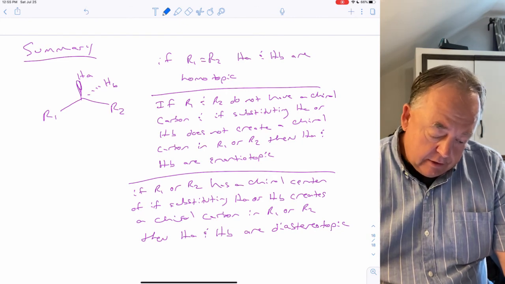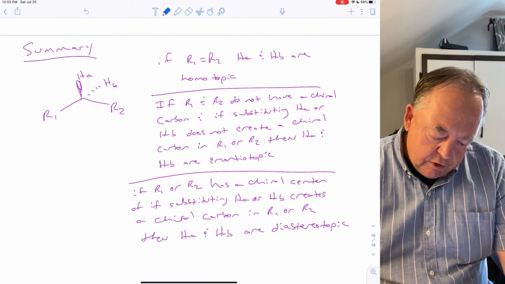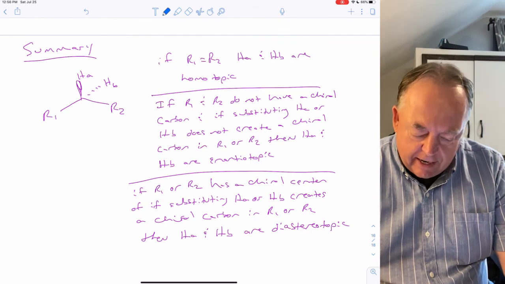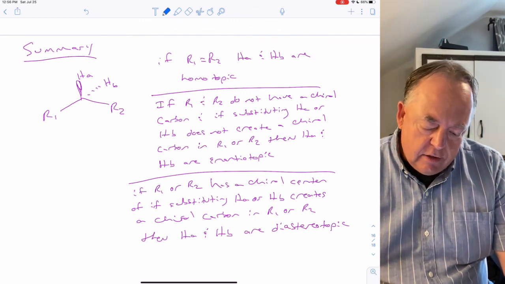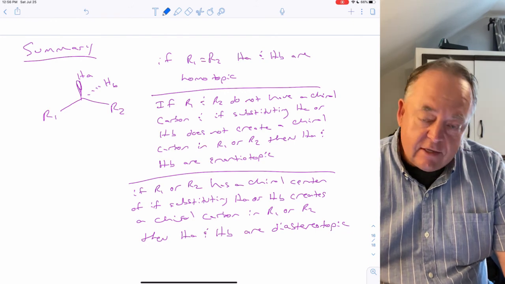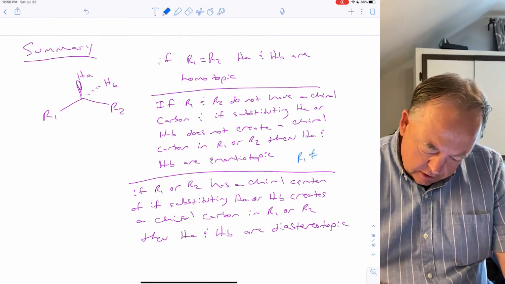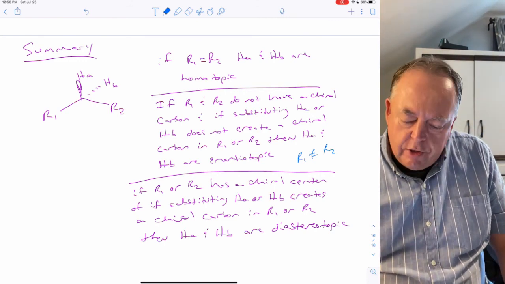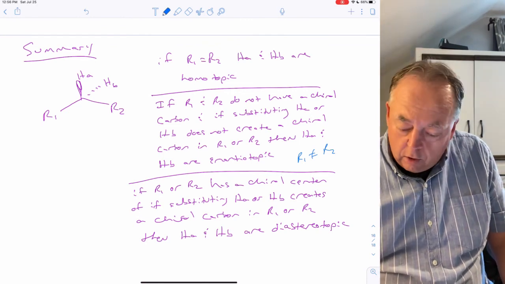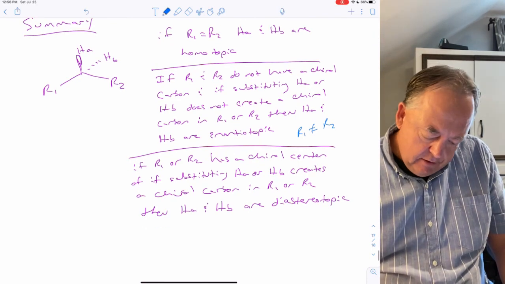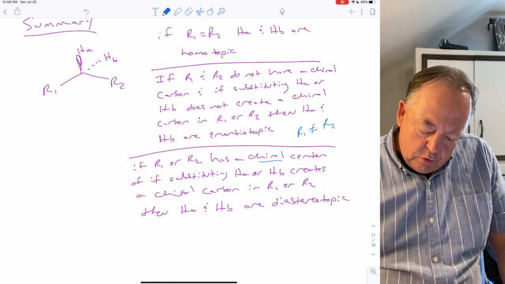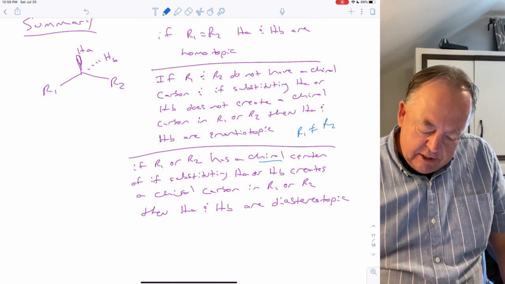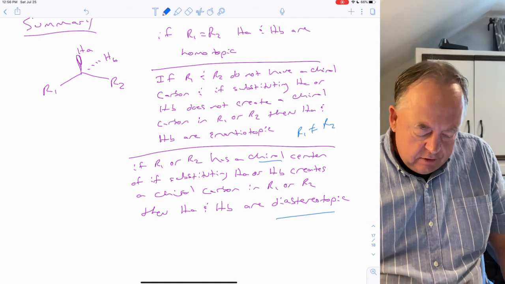If R1 and R2 do not have a chiral carbon, and if substituting HA and HB does not create a chiral carbon in R1 or R2, then... But if R1 does not equal R2, and if substituting HA or HB does not create a chiral carbon in R1 or R2, then HA and HB are enantiotopic. But if R1 or R2 has a chiral center, and substituting HA or HB creates a chiral carbon, then HA and HB are diastereotopic with respect to each other.